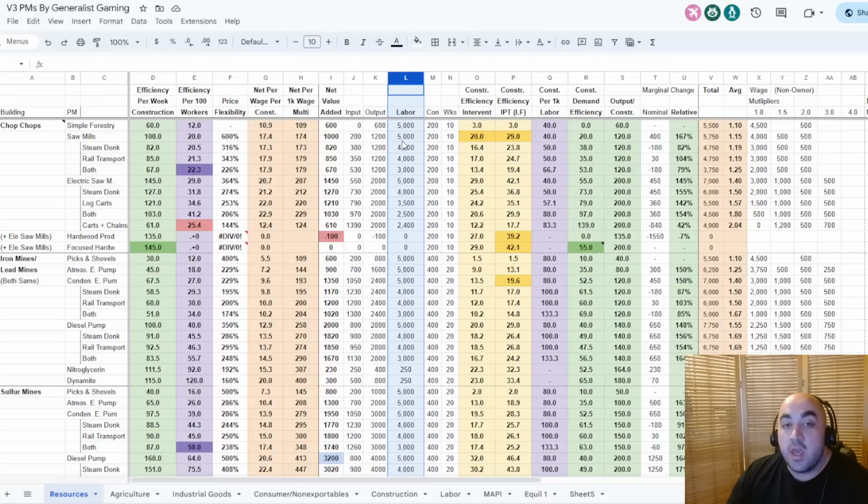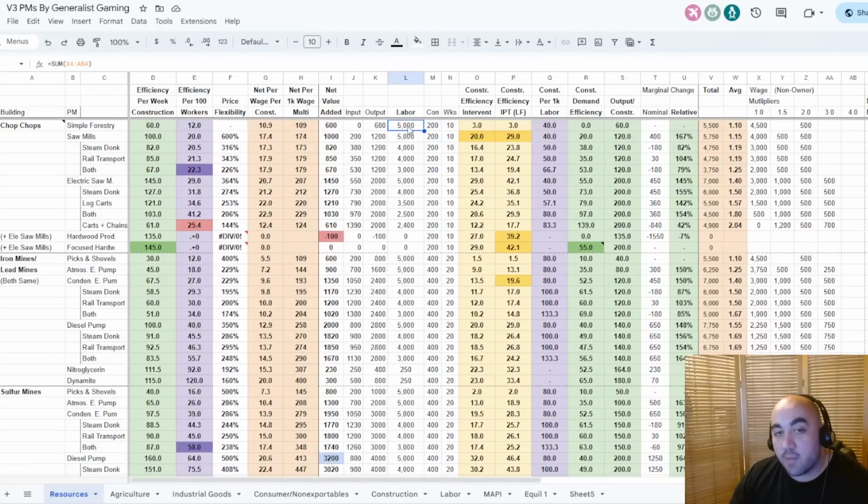Excluding labor, it used to be the case that this would employ 4,500, excluding ownership, this would employ 4,500, and this would employ 4,500, but 500 additional on top of that would be the ownership shopkeeper.